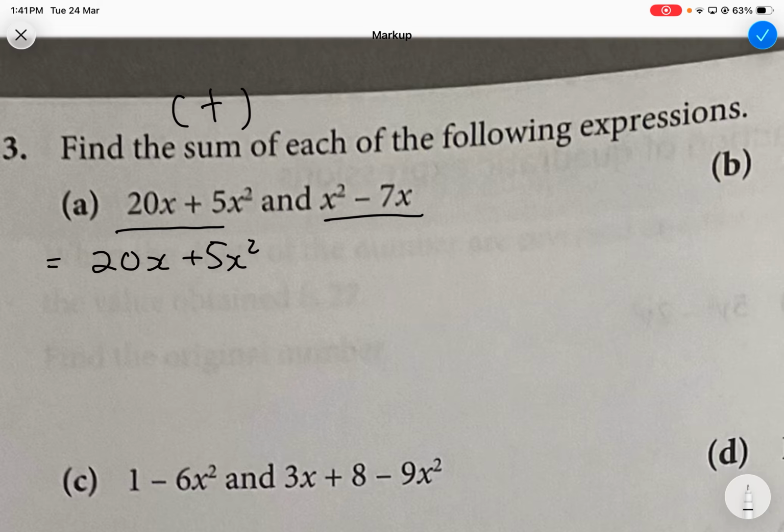So, when I'm subtracting this whole thing, I must put them inside a bracket. Okay? I am not subtracting one thing. I am subtracting two things. So when I subtract, I must put them in a bracket. To remind myself, I want to subtract 4x squared. I also want to subtract the 15x.